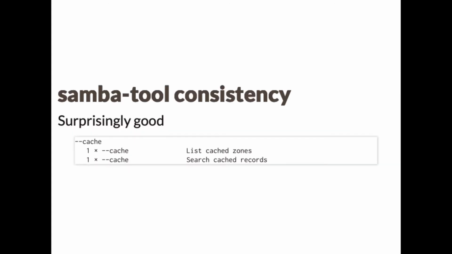You don't always get a dash V or a dash Q, but when you do, it means the same thing. One of them, the dash V, is very specific about what it's going to be verbose about, but that's okay, I guess. And this is maybe the biggest difference I could find. I don't know if the cache records, cache tombstones are the same things or not there.